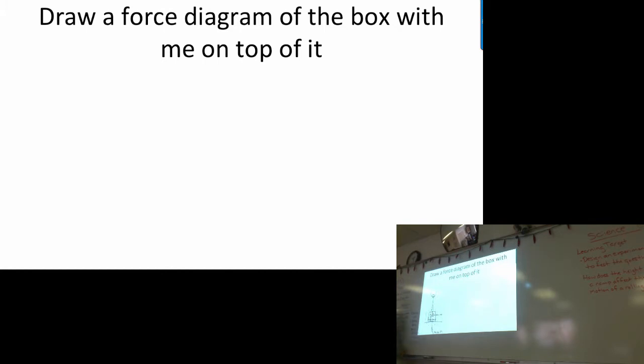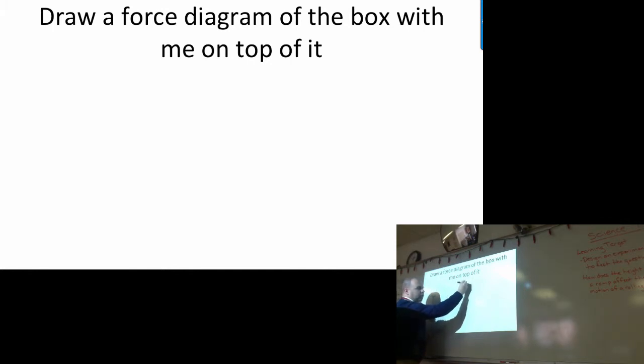So if I take this and redraw it, here I have my dot, and that dot represents the box. Let's take these and put them over here. I've only got ones that are going up and down. Which ones are going up? The normal force.